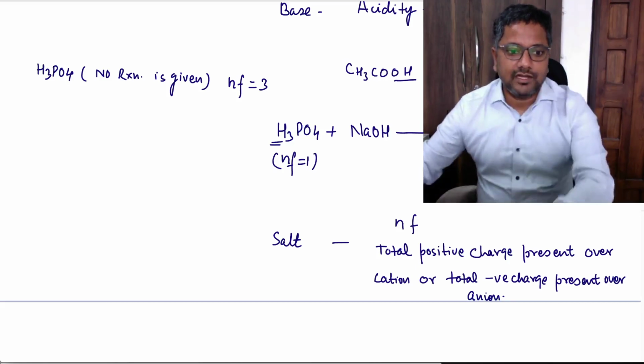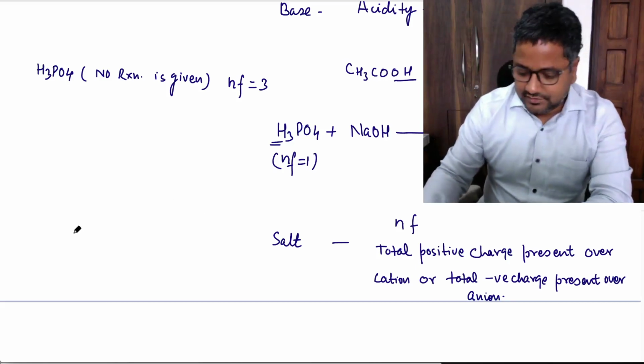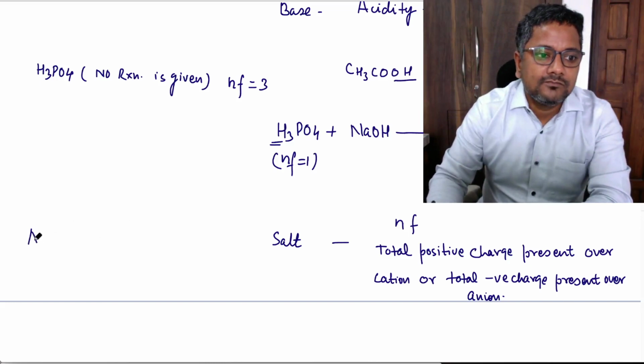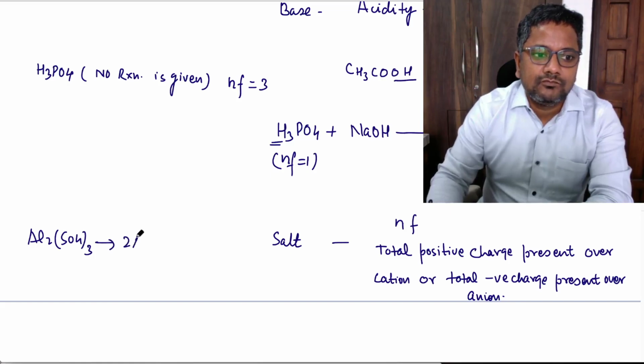For example, suppose aluminium sulfate is given. How do we dissociate this? Al2(SO4)3 gives 2Al3+ plus 3SO4 2-.